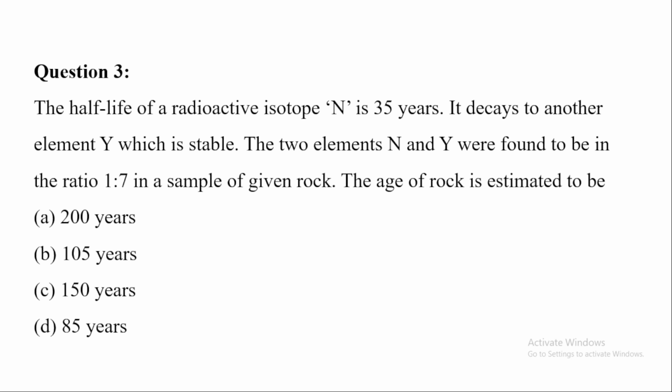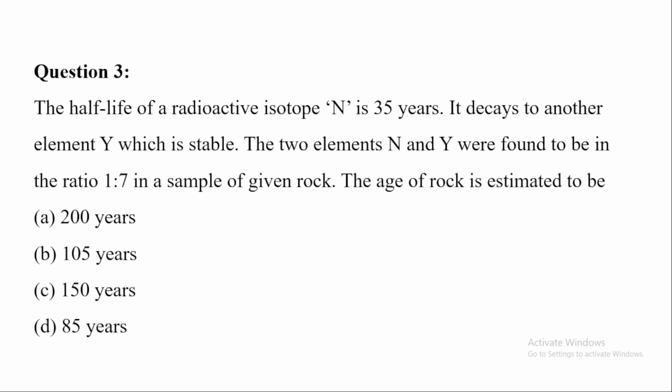So we have the half-life of the radioactive isotope N given as 35 years, and we know that N is decaying to a different element called Y. Now at a given time the ratio of N and Y is found to be 1:7.